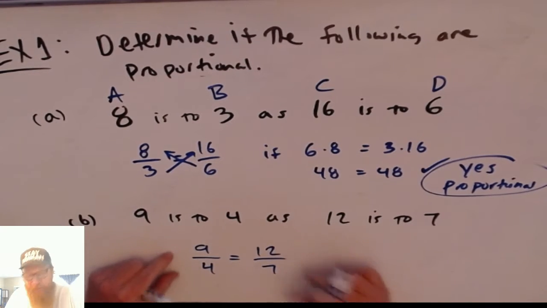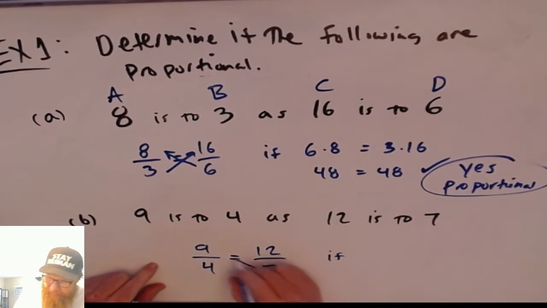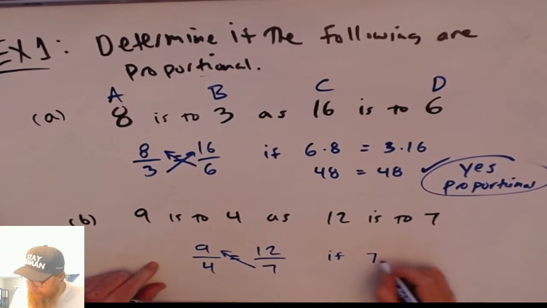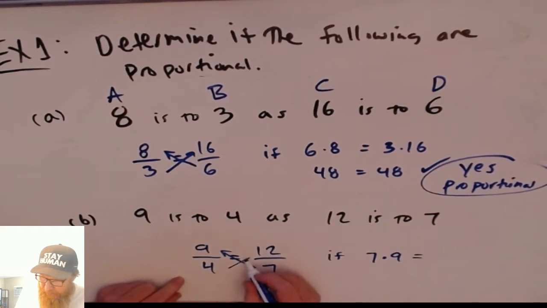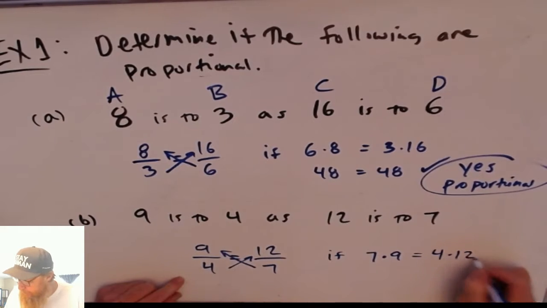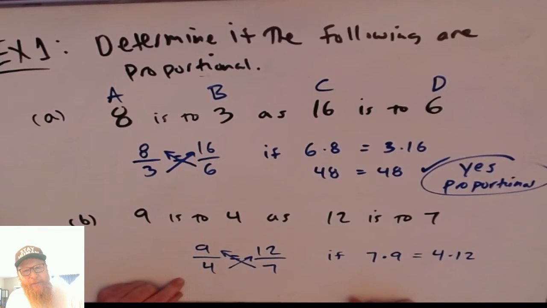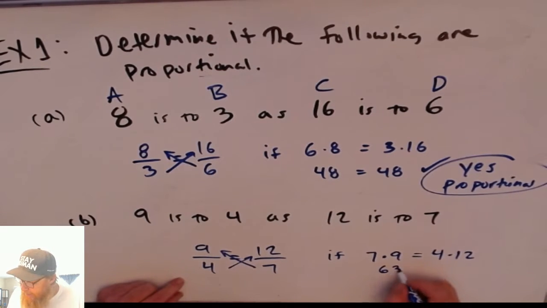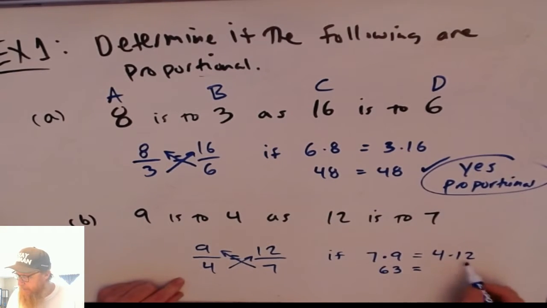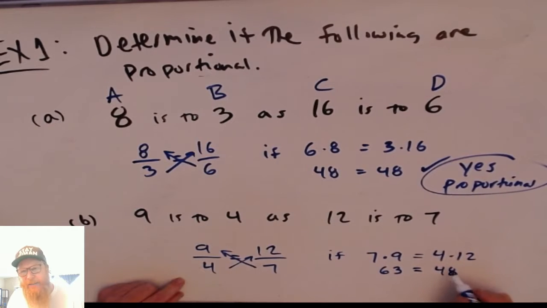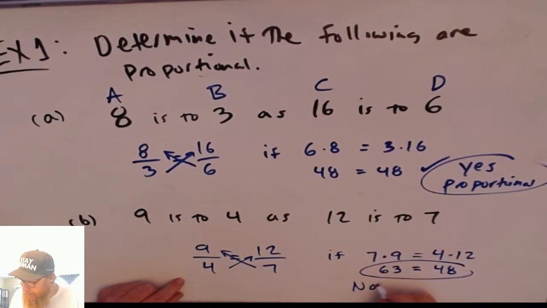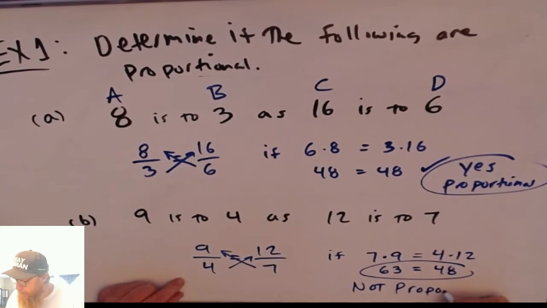So this is true if 7 times 9 is equal to 4 times 12. And then you can see that it's not true. 7 times 9 is 63. 4 times 12 is 48. These are not equal, so these are not proportional.